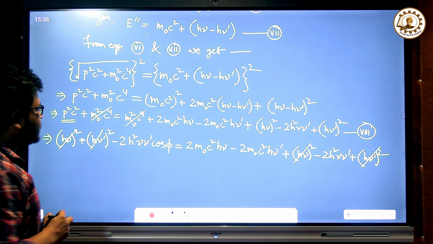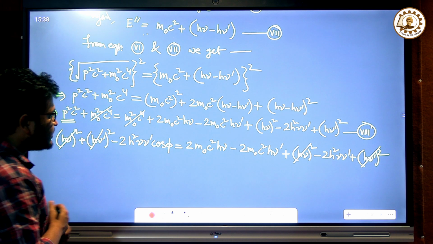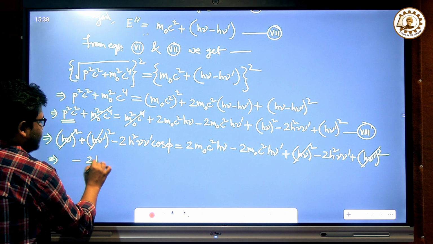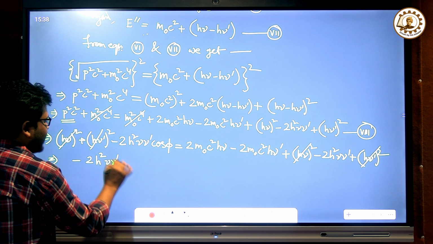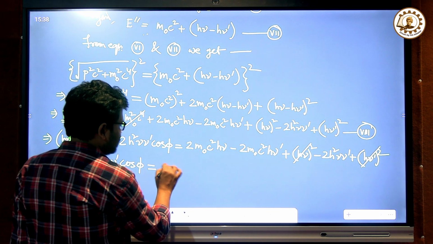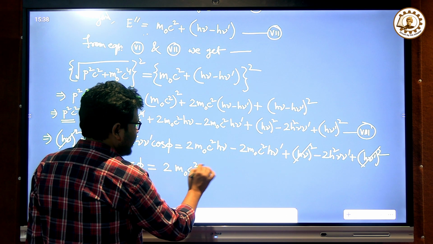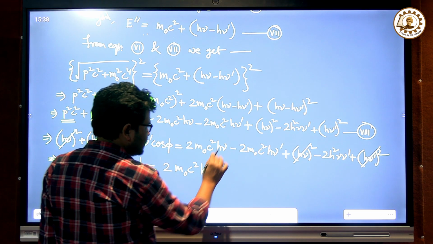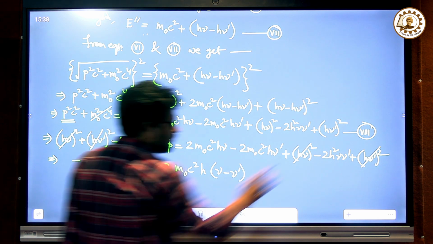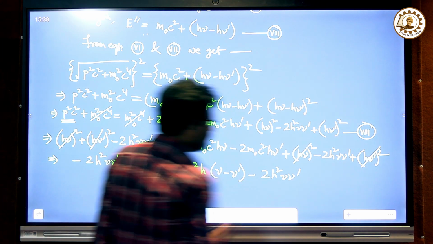So the term that remains is minus 2 h square nu nu prime cos phi, equals 2 m0 c square h (nu minus nu prime) minus 2 h square nu nu prime.